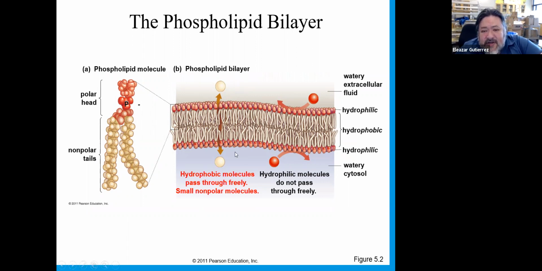You look at the picture and you think it's a bunch of things just standing there. Oh no, these things are rotating, spinning in place, flipping back and forth, diffusing across the plasma membrane. The movement of these phospholipid molecules with each other is just mind blowing.